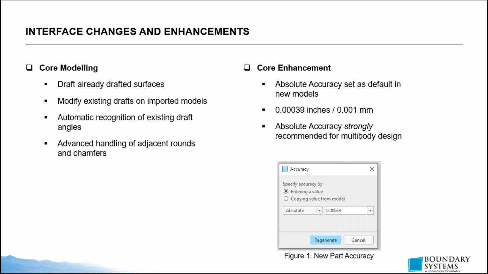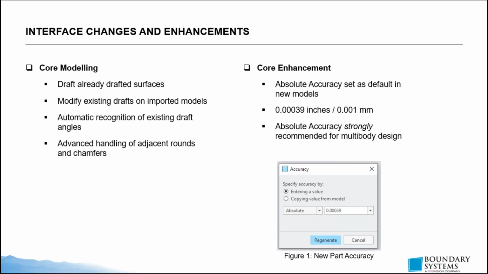Next is absolute accuracy as a core enhancement, and that is one of the new things that's been changed. Now the default models in Creo 7 are set as absolute accuracy with the accuracy values as shown.